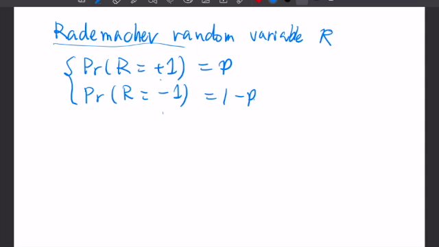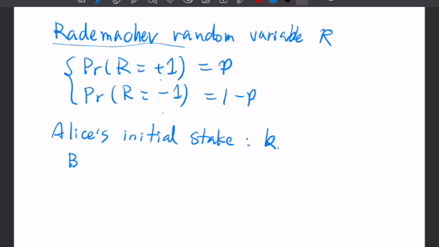And let's say Alice's initial stake is k dollars. And Bob's initial stake is a minus k.